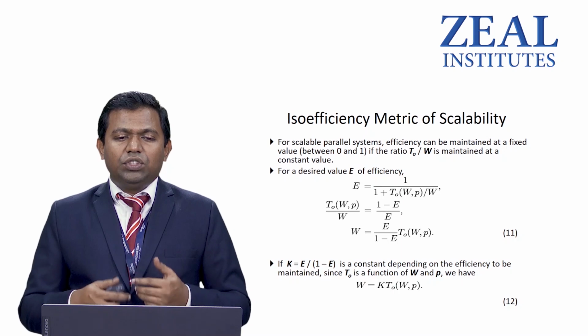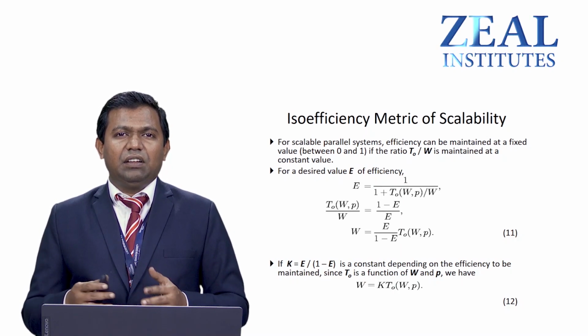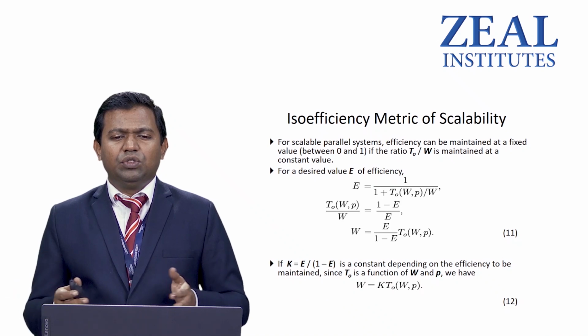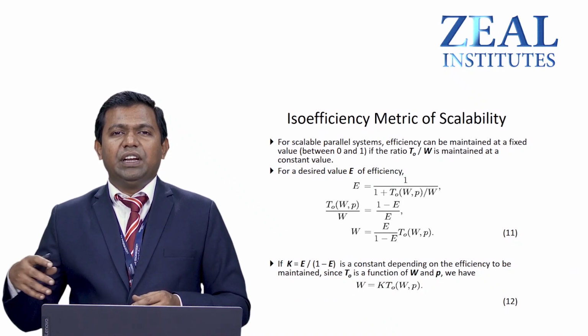For a scalable parallel system, the efficiency can be maintained at a fixed value, say between 0 and 1, if your ratio T_0 by W is maintained at a constant value.